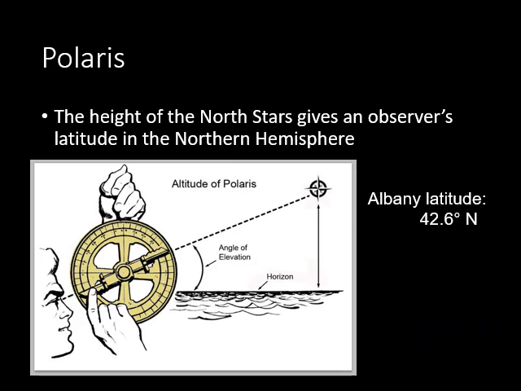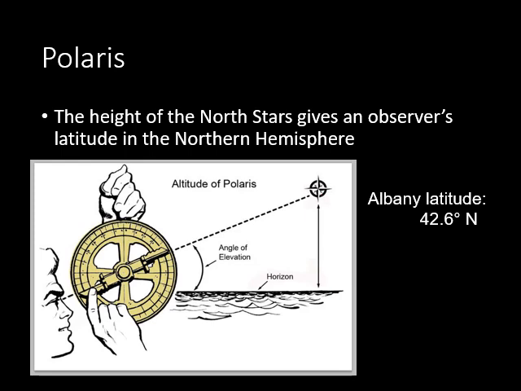Now, even though Polaris is not particularly bright, it is still incredibly useful, right? So it's lined up right now almost exactly with Earth's North Pole. So if you can find Polaris, then you know that that direction is north. And if you're in the northern hemisphere, you can actually use the North Star to tell you your latitude here on Earth.